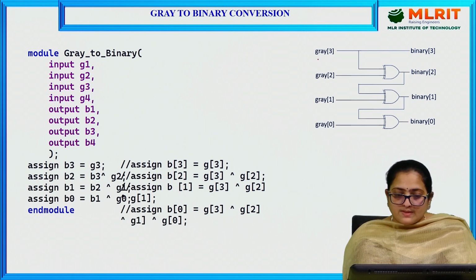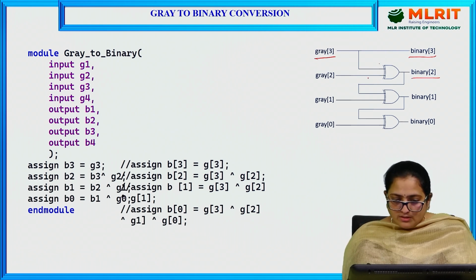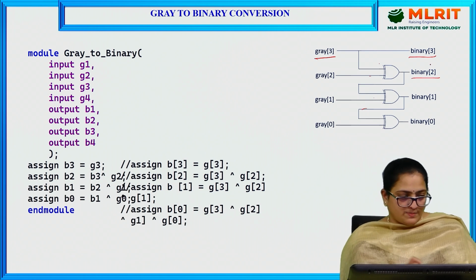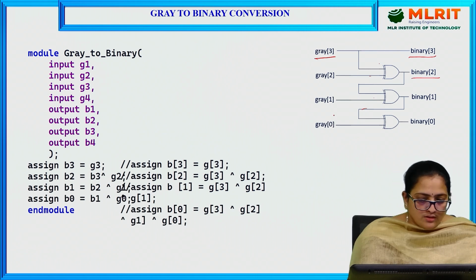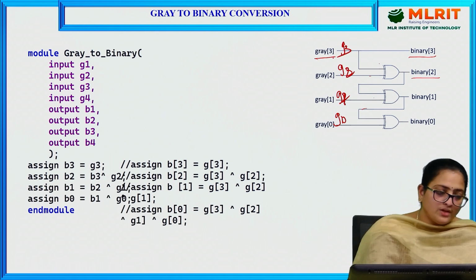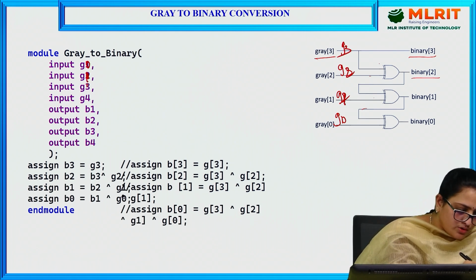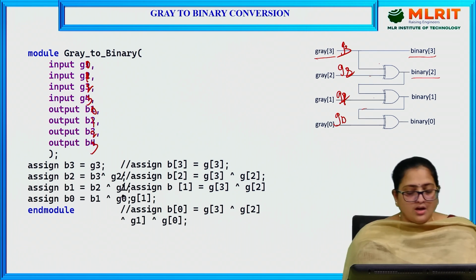This is the block diagram for the gray to binary converter. The MSB bit will be the same, but from the second MSB bit, it performs B3 XOR with G2, B2 XOR with G1, B1 XOR with G0. See, module name gray to binary, declare the inputs as G0, G1, G2, G3, and here also B0, B1, B2, B3 are the outputs.